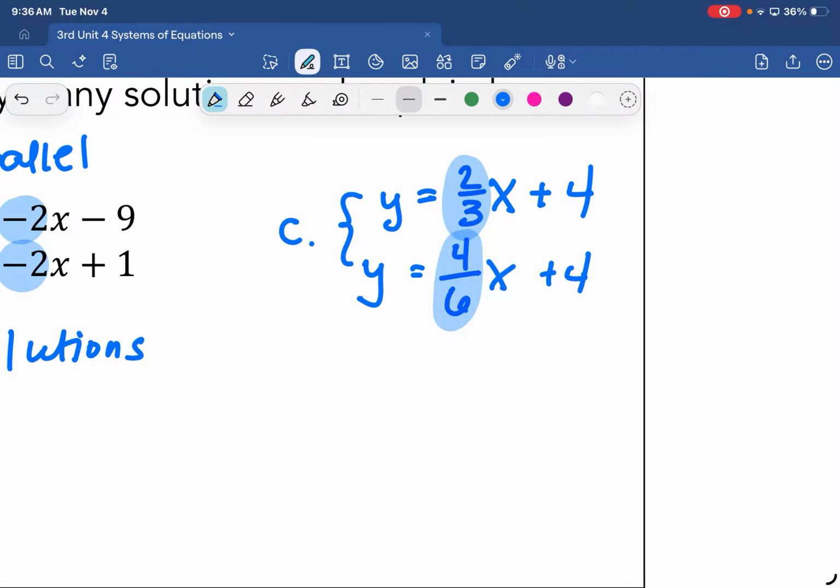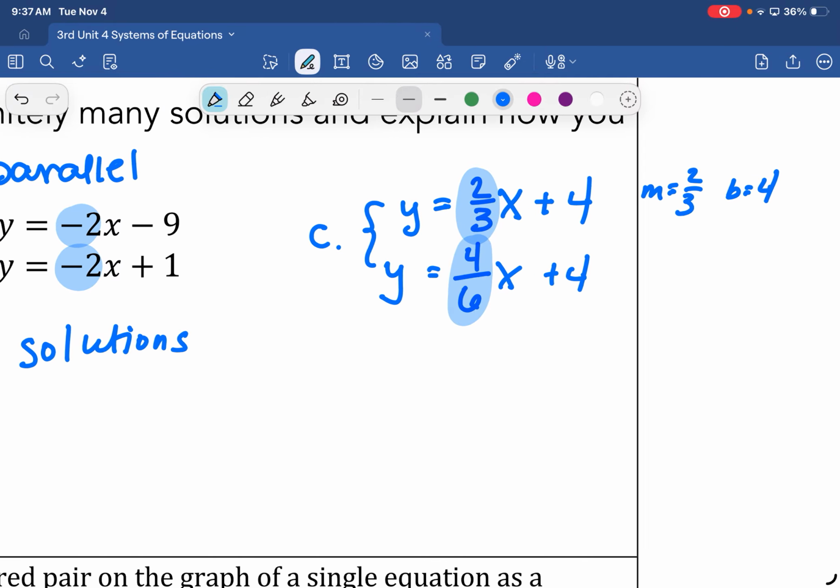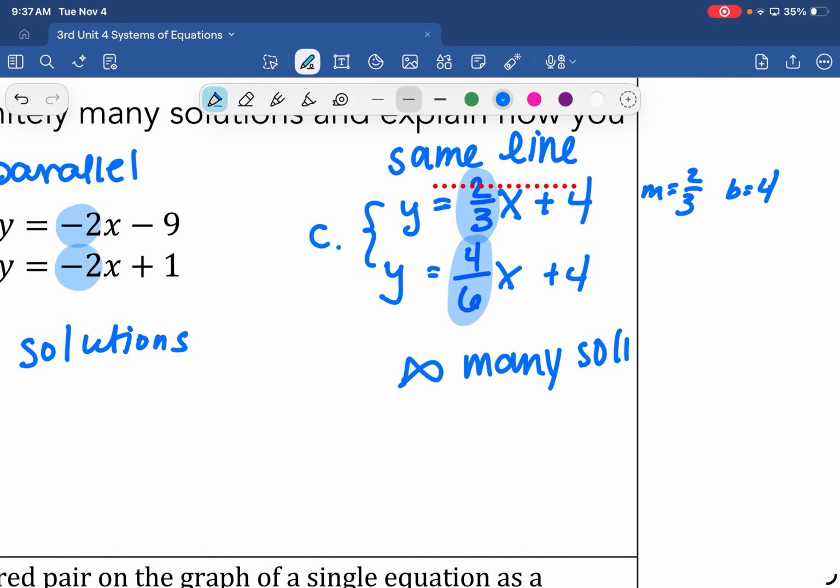In both of these, our slope is 2/3. What is our y-intercept in both of those? 4. So if both our slope and our y-intercept are the same, they are the same line. Which means how many solutions? Infinitely many solutions. So just by looking at the slopes of lines, we can determine how many solutions we have.